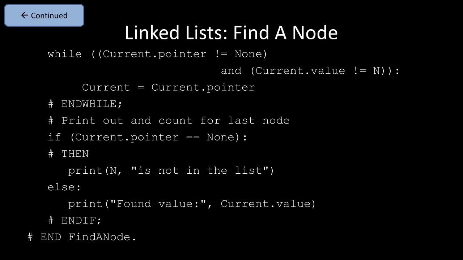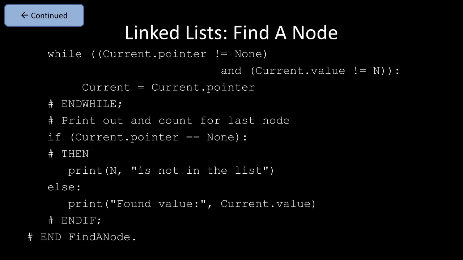If we have found that we've reached the end of the list, that means the value n isn't anywhere in the list. So if current.pointer is none, that means we've reached the end of the list. We print out the value n is not in the list. Otherwise, if current.pointer is not none, that means we've found the value we were looking for, and we can print out found value. If we typed in 67 and then it prints out found value 67, that's fine.